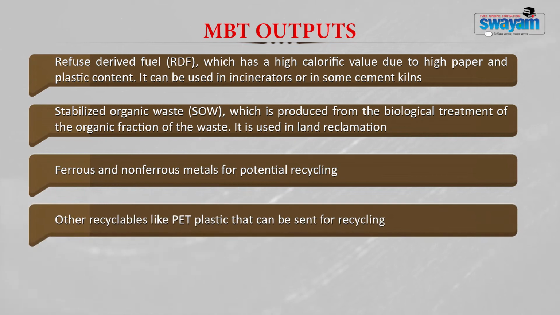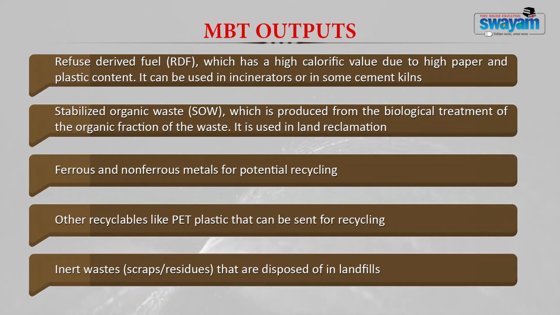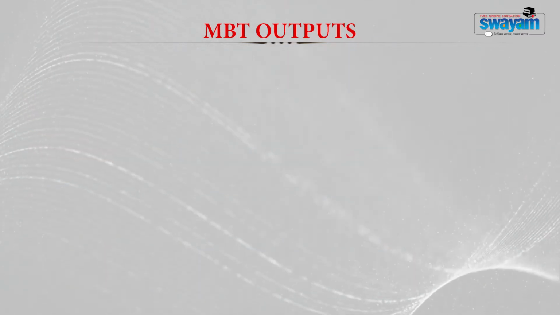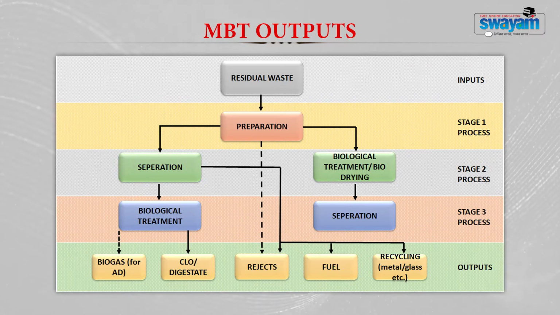Other recyclables like PET bottles, PET plastics can be sent to recycling. Inert waste that is disposed of in landfill is also one of the outputs generated at the end of the MBT process. Now, this flow chart shows the MBT process.